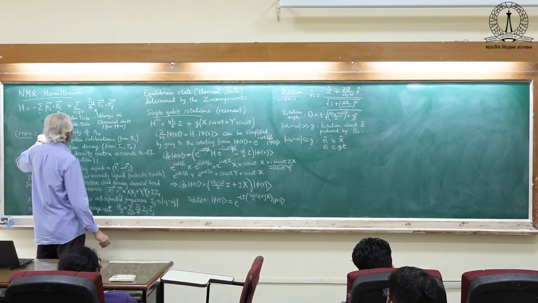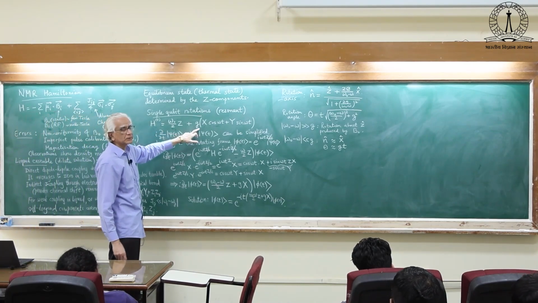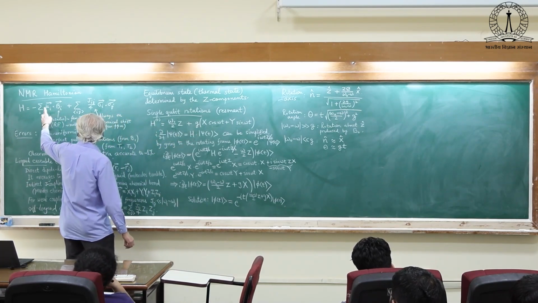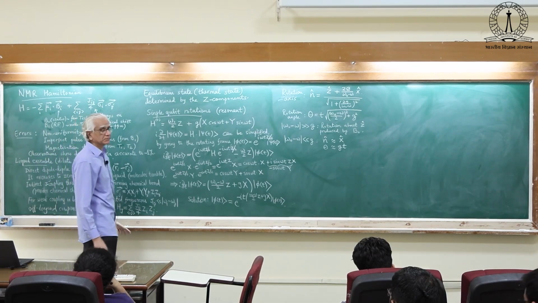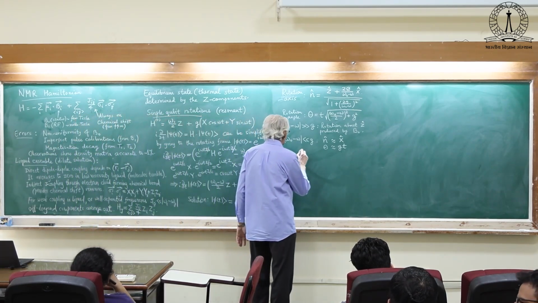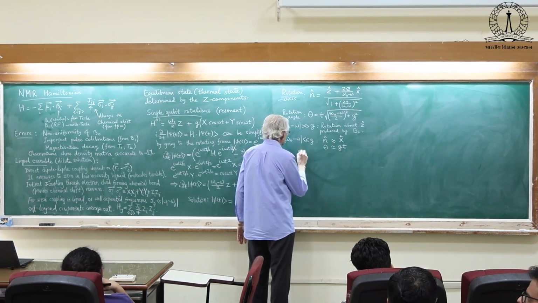Okay, I just wrote it down as a coupling over here, but this is essentially the dot product of mu with B1. Magnitude of B1.